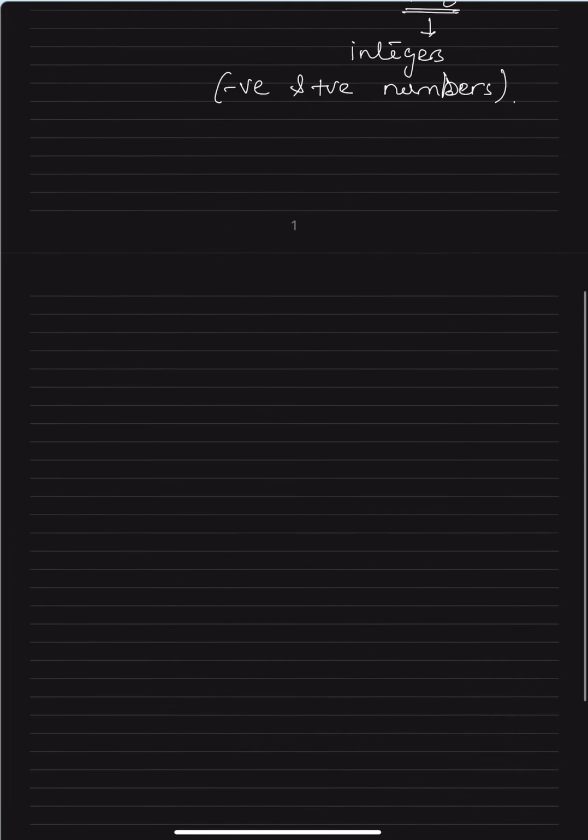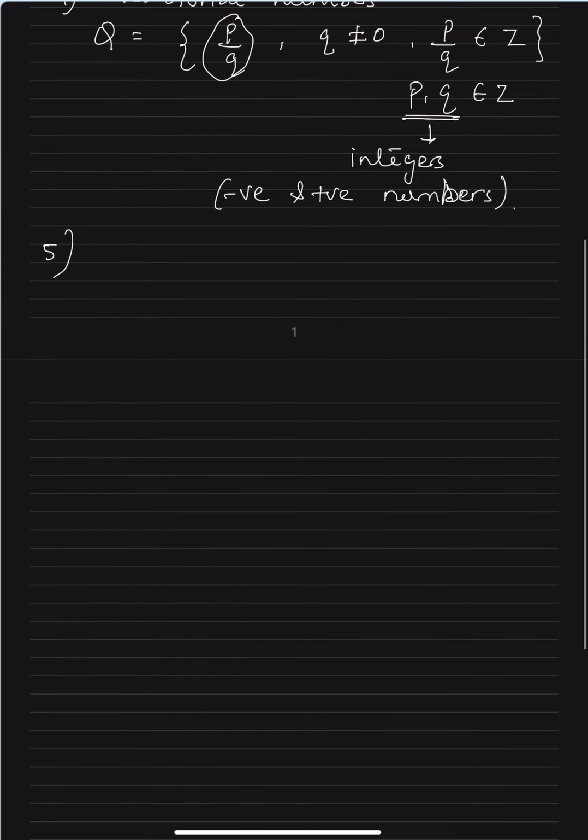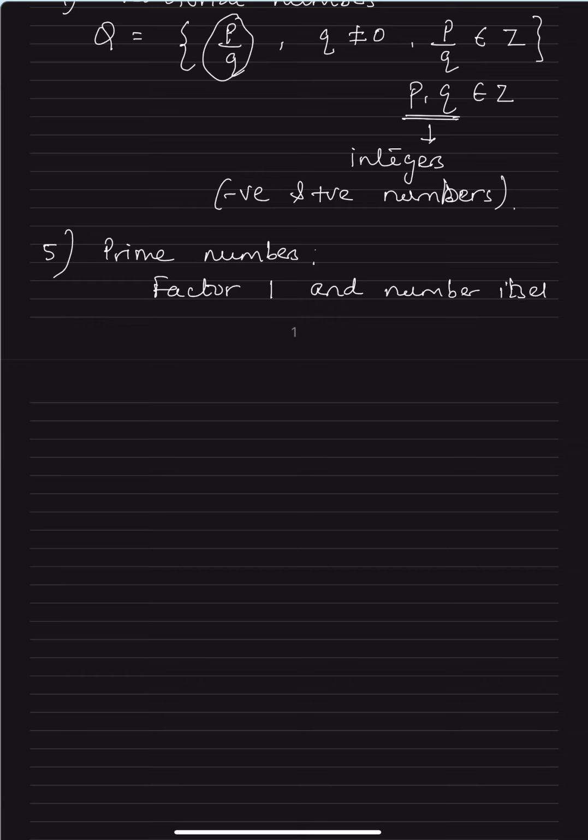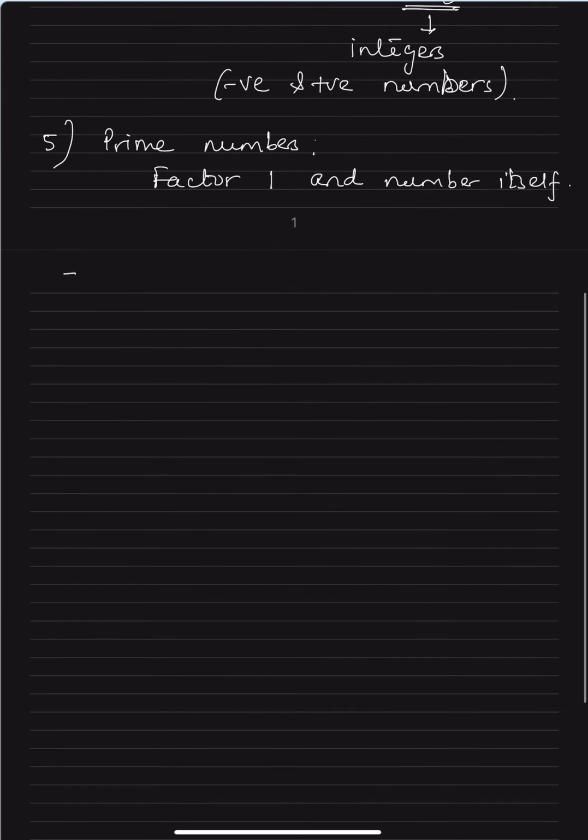Then fifth one is prime numbers. See, prime numbers should be very much clear in your mind. They are the numbers whose factors are 1 and the number itself. That we know, but you should recall it again. The number itself and 1. That is, if I give you 7, then its factors are 1 and 7 only.